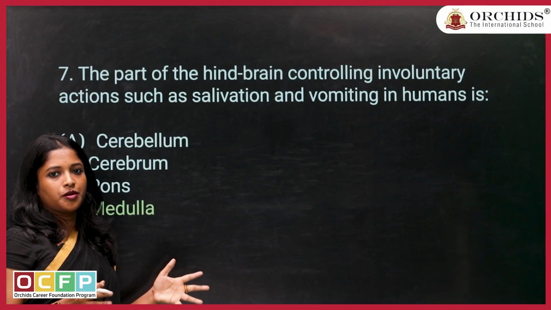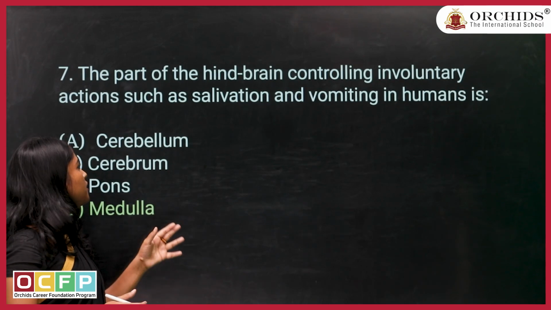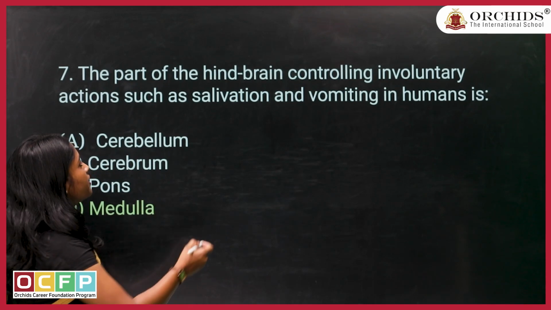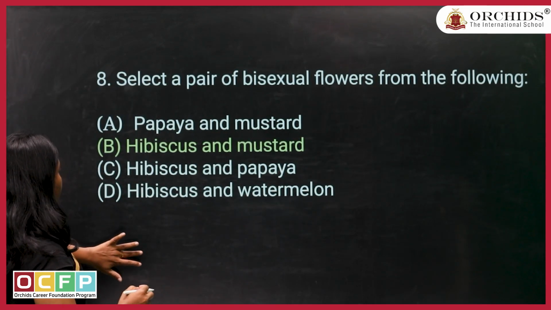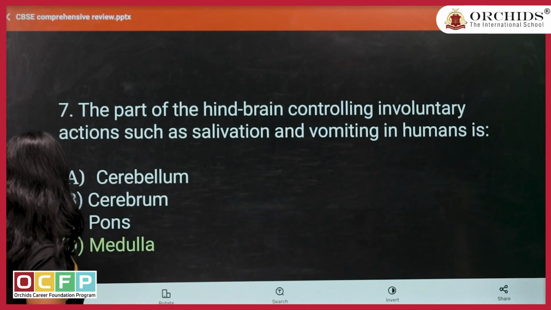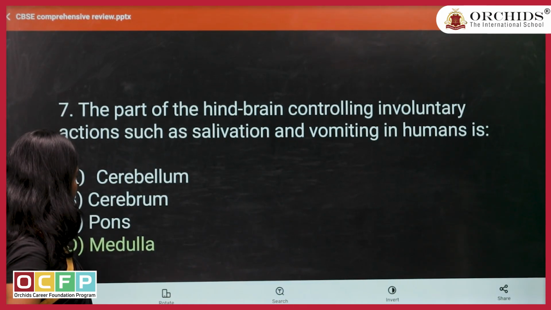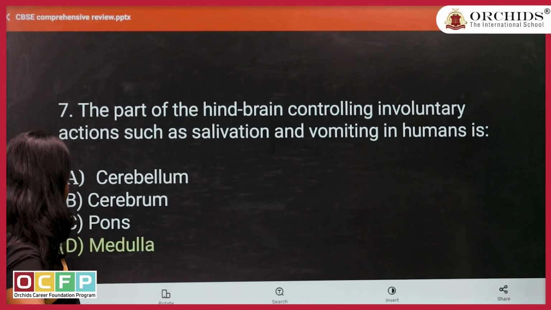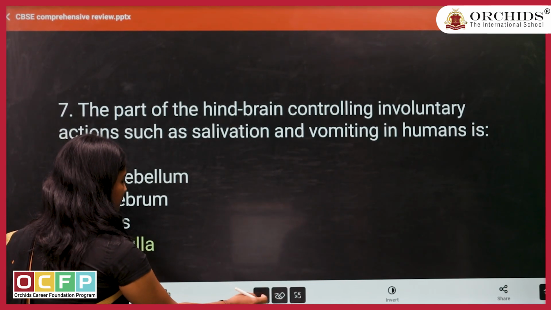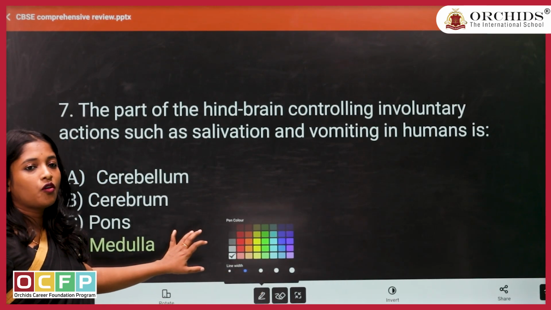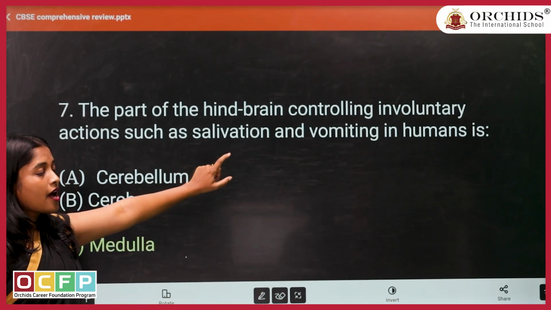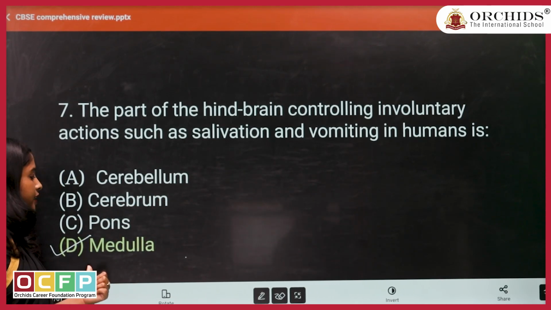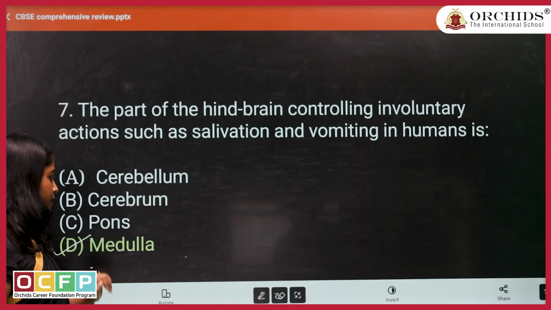We have 4 different parts we already know in the brain: cerebellum, cerebrum, pons and medulla. Involuntary actions like salivation and vomiting are under the control of the medulla. So option D is correct in this question.